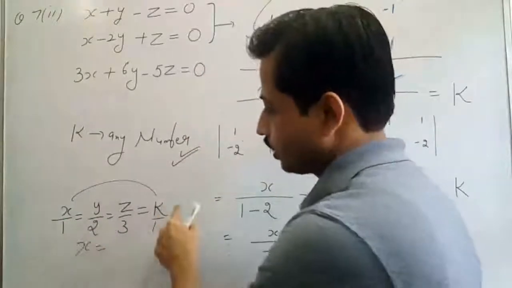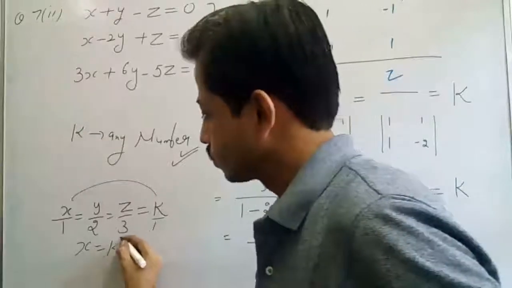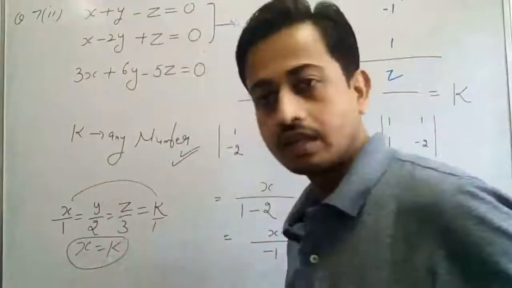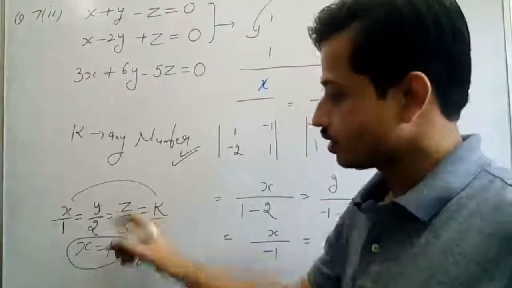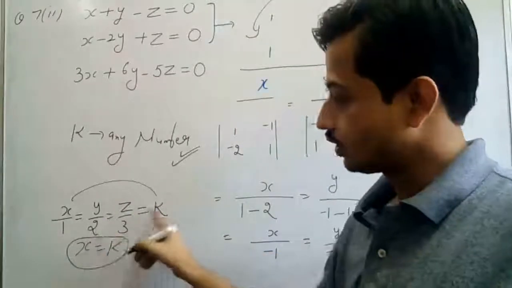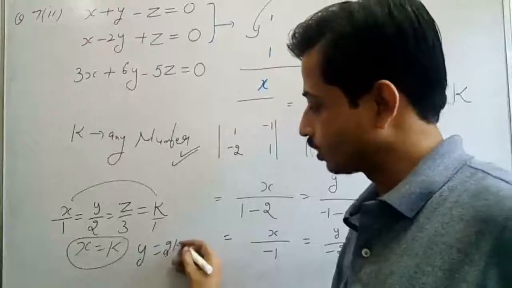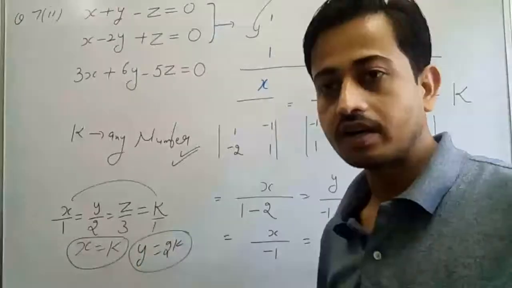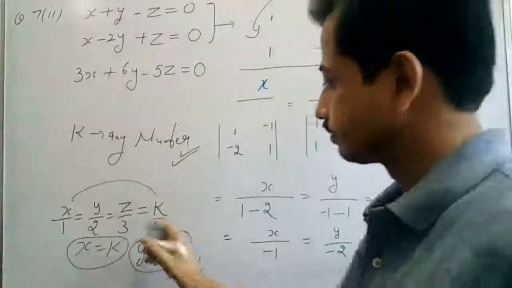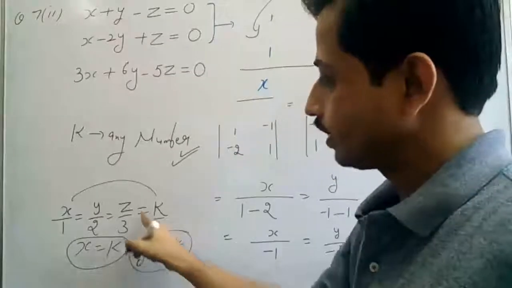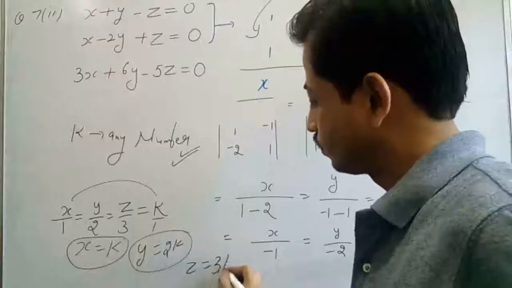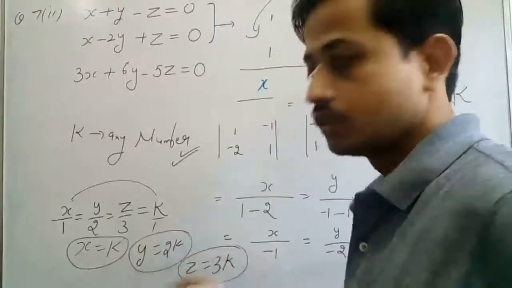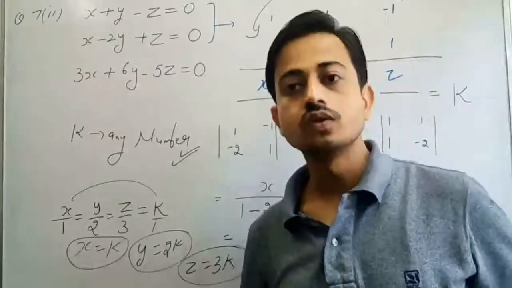Now 1 into k, we get k. So the value of x is k. Same here, 1 into y, y, and 2 into k, 2k. So the value of y is 2k. Same here, 1 into z, z, 3 into k, 3k. So we get z equal to 3k.